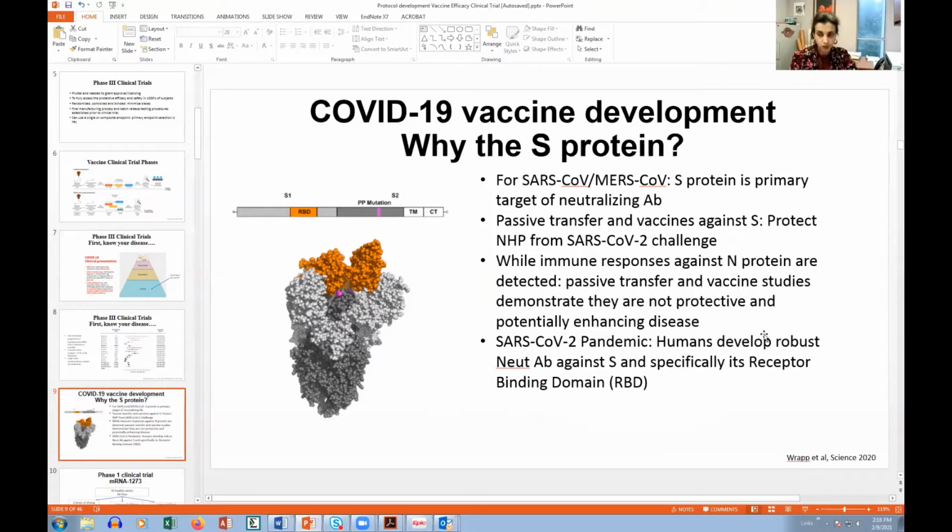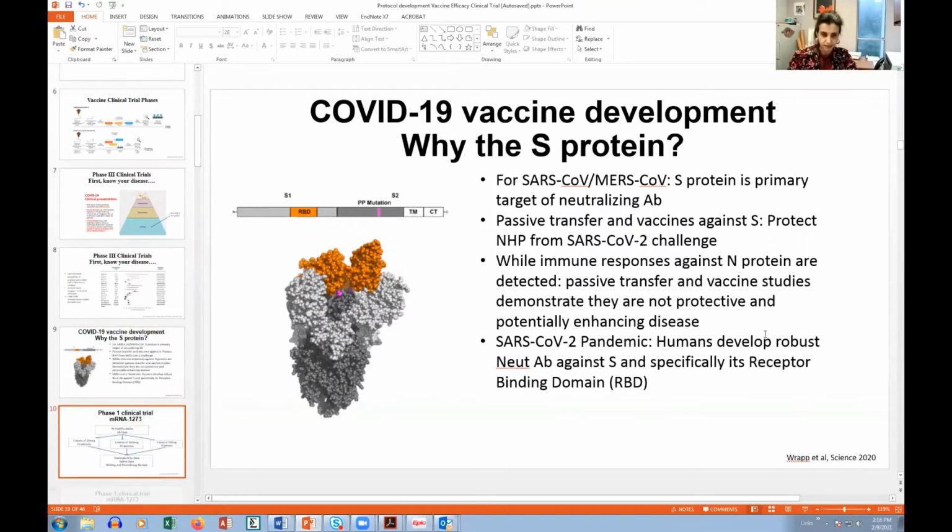There are responses against other proteins, but they are not protective, and in certain animal models may enhance disease, although that was demonstrated with SARS, but not SARS-CoV-2. And in the SARS-CoV-2 pandemic, we knew that humans developed robust neutralizing antibodies against the S, and specifically its receptor binding domain. So we knew we were on the right track with the S.